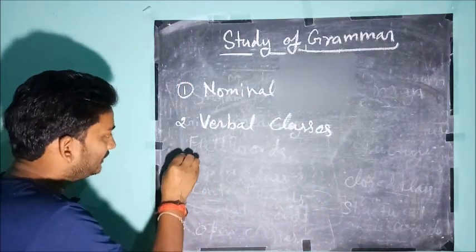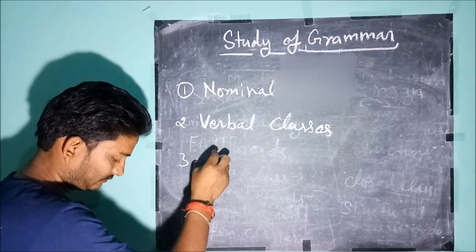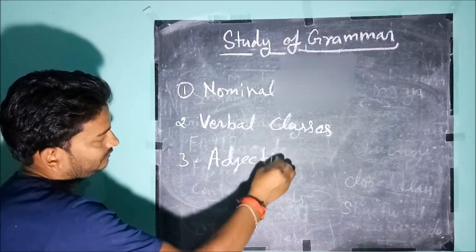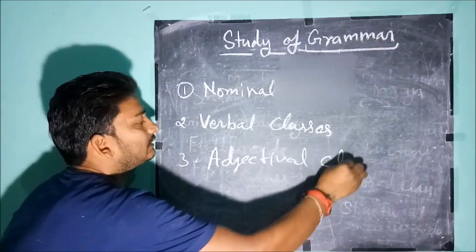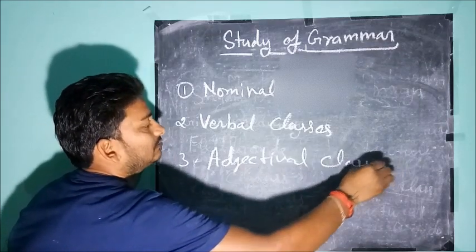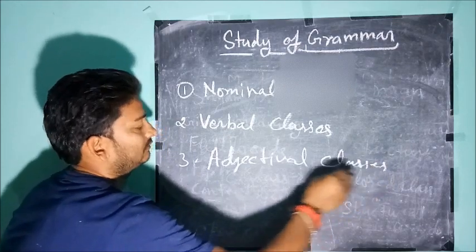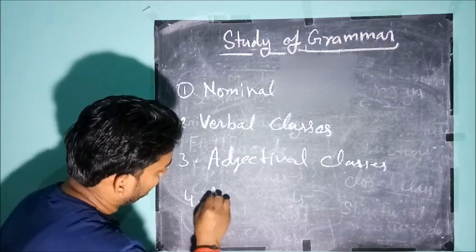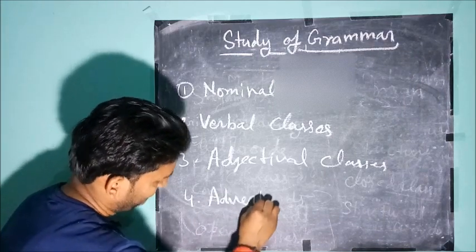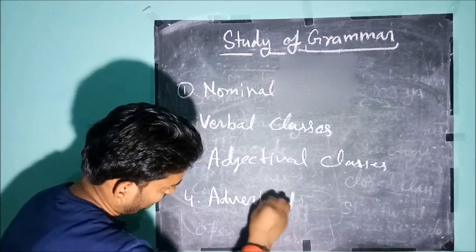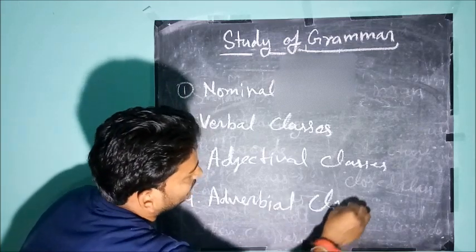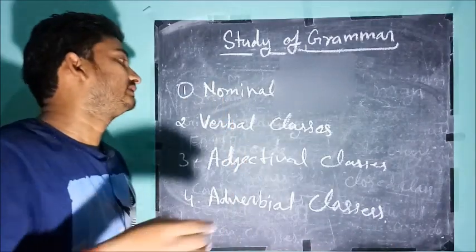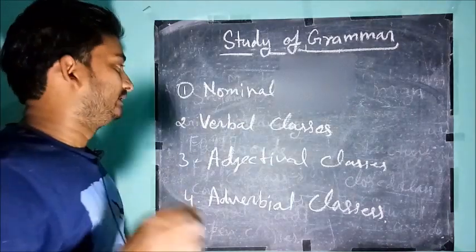Next is adjectival classes, and the fourth one is adverbial classes. These are the 4 classes according to place in a sentence.